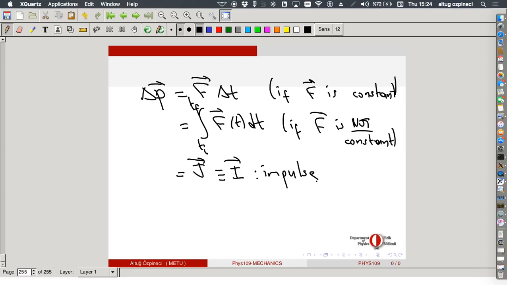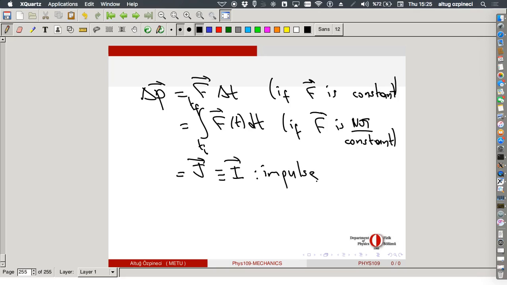Now for such forces, in this example, the force almost doesn't exist, then the two pucks just collide. There is a relatively large force at this instant, and then they just move away. So it's hard to write down how the force changes as a function of time in this example, because it will be just some wild function. It's almost zero everywhere, and it has a large value at a very short interval.